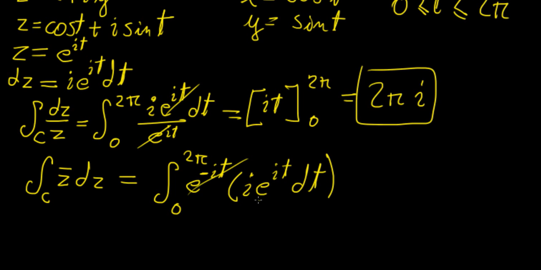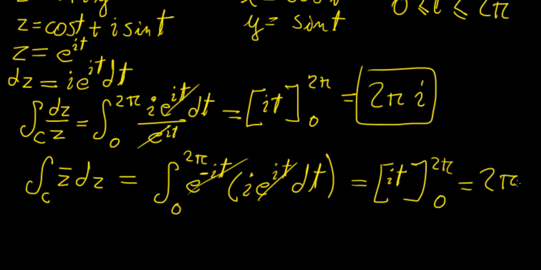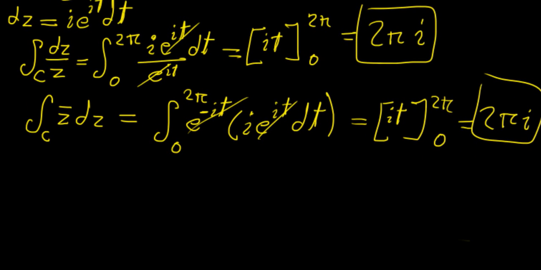And hopefully it is obvious that these two are going to cancel out once again. So this is going to leave us with the integral of i dt from 0 to 2 pi once again, and this is the same as 2 pi i. So we can usually have functions of the complex conjugate of z, because technically that's just a function of z as well.